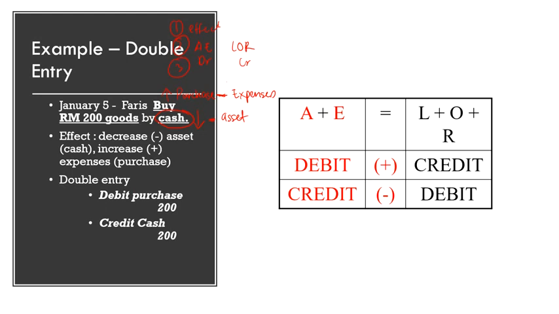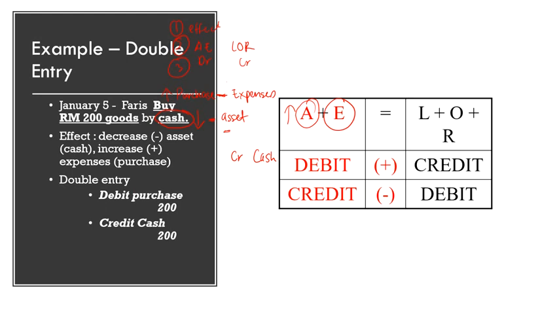Third dia, you kena determine which one on debit side and which one on credit side. Since you already know the debit side is only for when asset and expenses increase. Okay, sekarang ni you punya asset decrease, automatically it will be on your credit side. So what account is involved here? It is your cash account. So purchase is your expense.